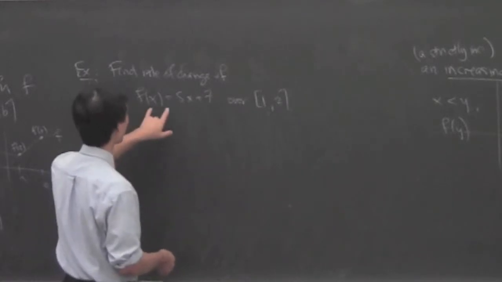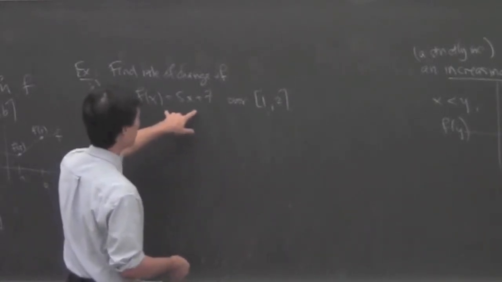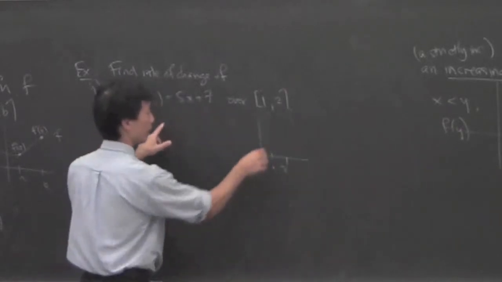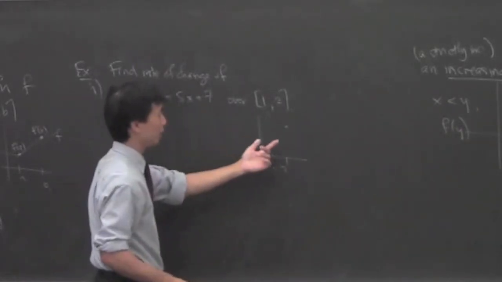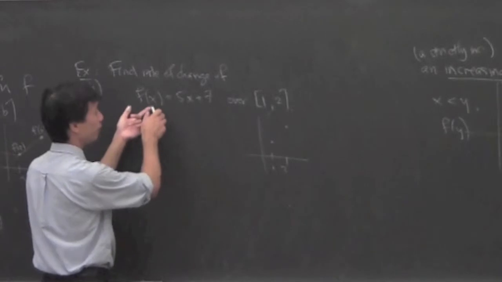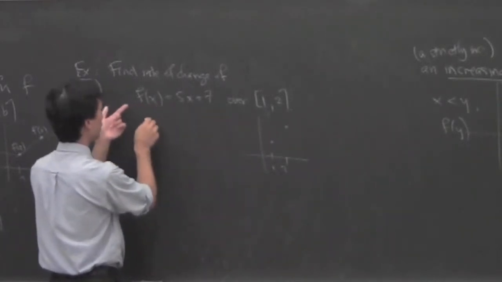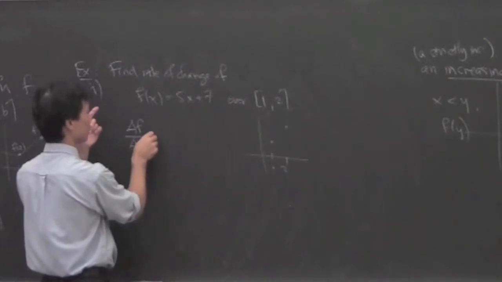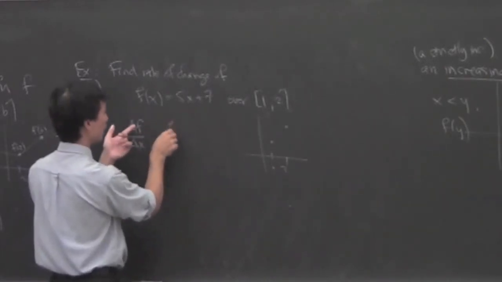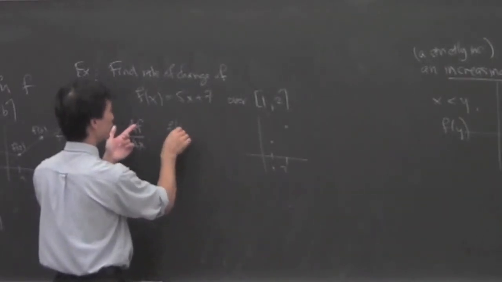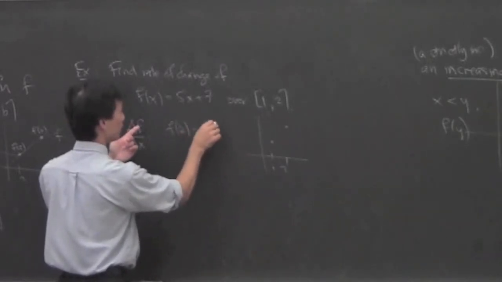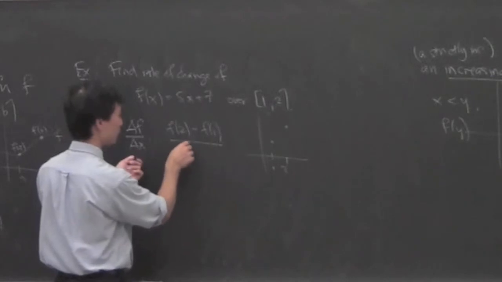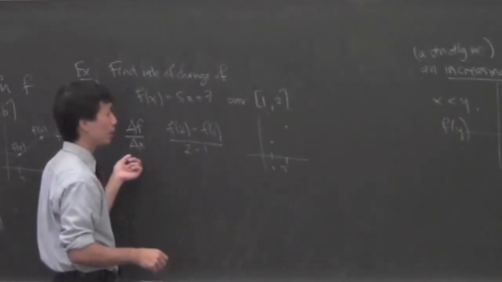So what we need to do is, here's 1, here's 2, we'll have 2 points, and we'll take f at the second point, the change in f over the change in x. So we get f of 2 minus f of 1 over 2 minus 1.